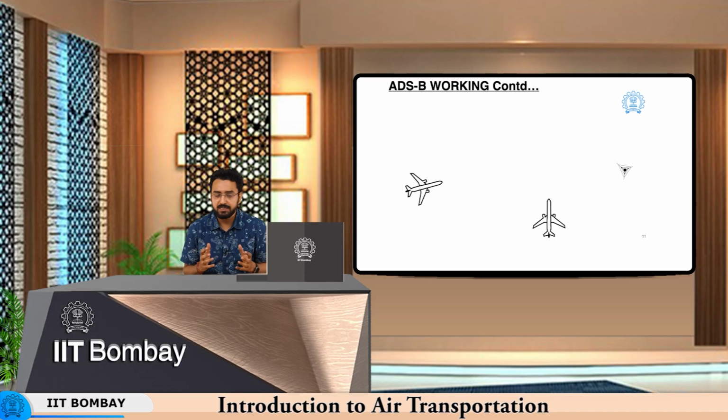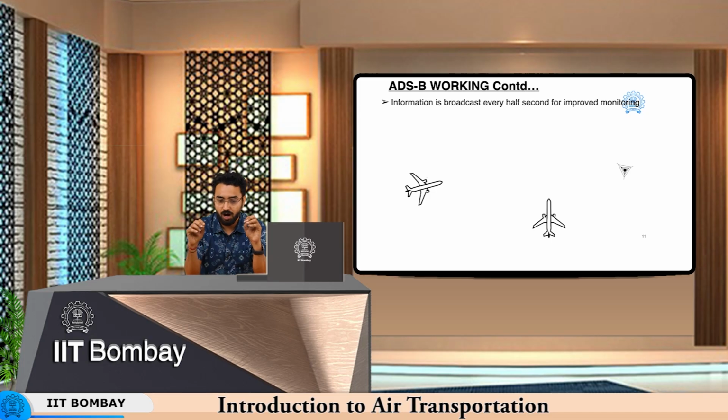So, what happens is that if there are two aircraft in the vicinity of a particular ADSB ground station, both these aircraft will make use of the ADSB transponder system placed within the aircraft itself. Information pertaining to the coordinates as well as the sensor data will be transmitted or broadcasted every half second by all the parties involved, that is the aircraft as well as the ADSB.